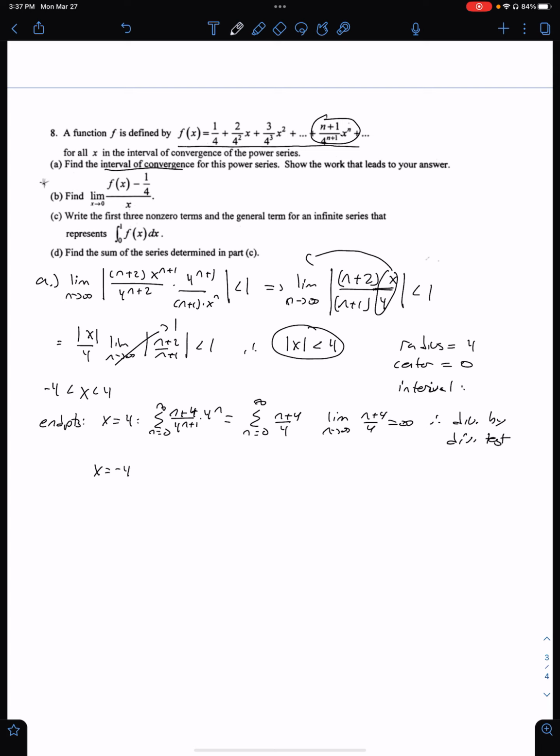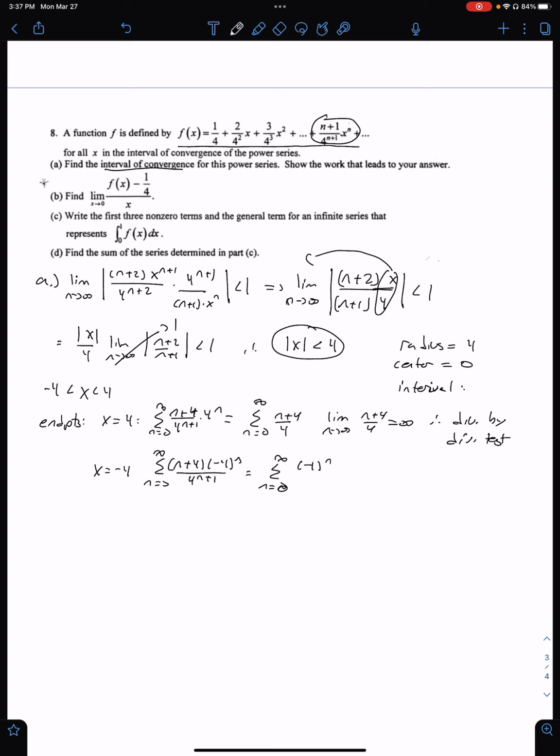x equals negative 4. And if I plug in negative 4, we go 0 to infinity. We would get the same thing, n plus 4, but now we're going to get this negative 4 to the n over 4 to the n plus 1. And honestly, we kind of simplify this down to the same thing here. Even though this one is alternating, we would get this negative 1 to the n.